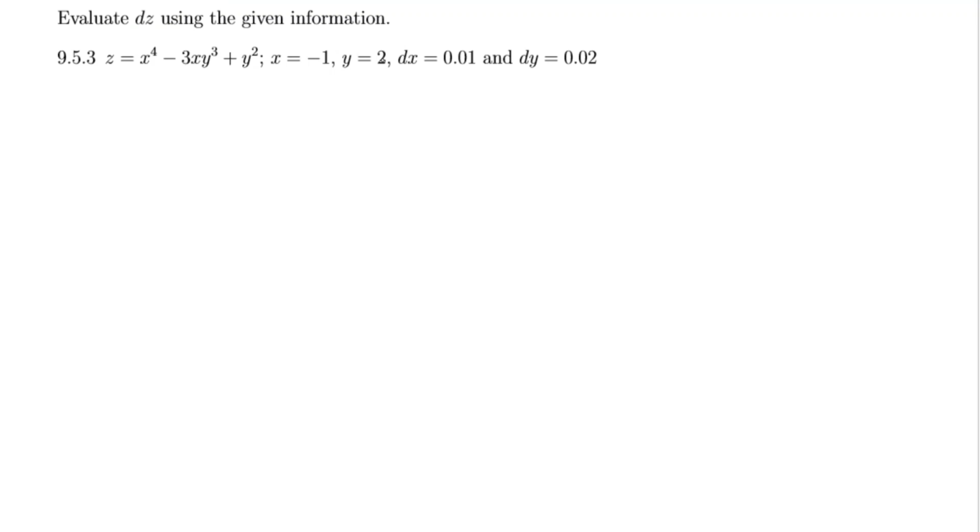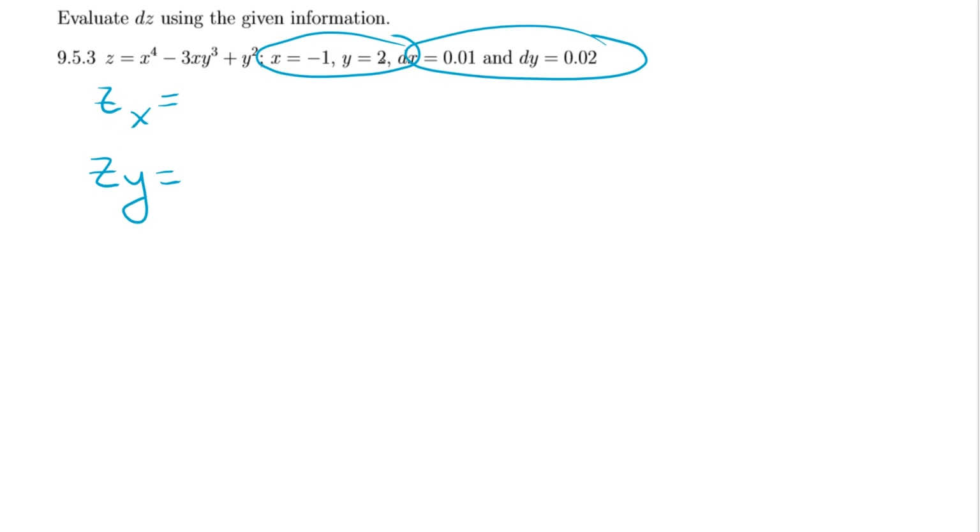So I need the partial derivatives for z with respect to x and z with respect to y. And then I'm going to plug in my base point and my differential to get the differential. Okay, so for x, I'm going to be ignoring y, so I should get 4x cubed minus 3y cubed, and nothing from the y squared, because you'll derive it and get nothing.